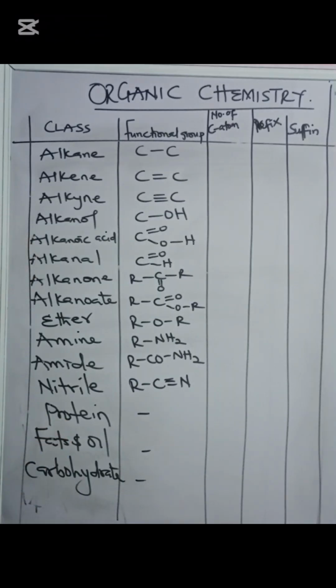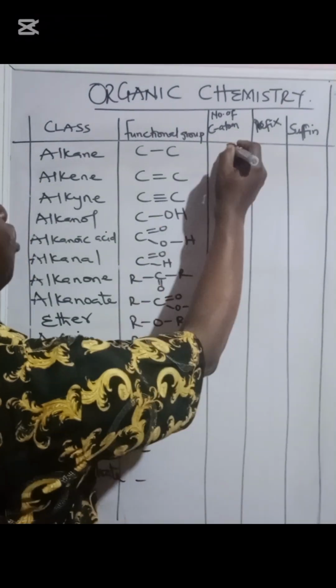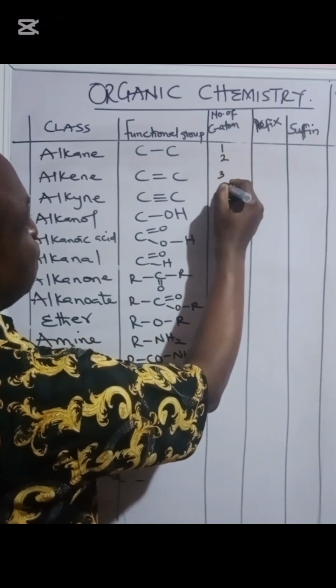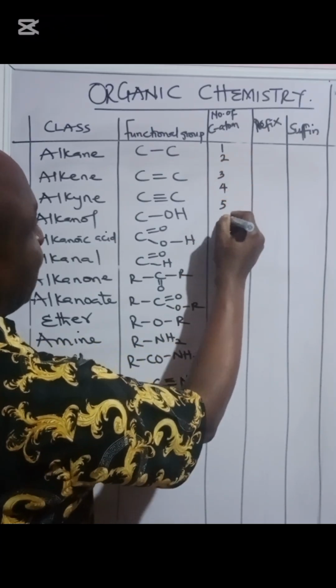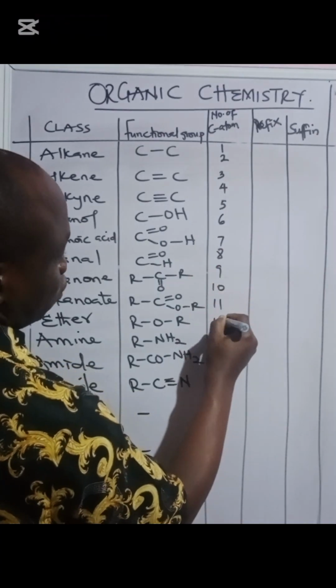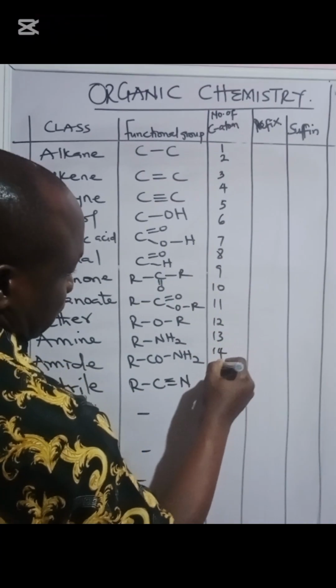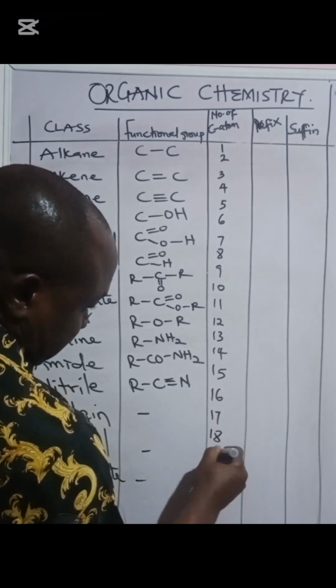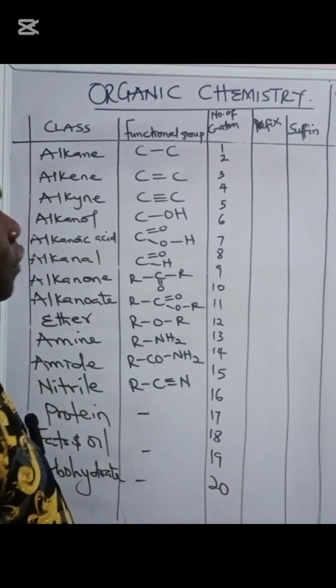Protein, fat, and carbohydrates. For the number of carbon atoms, you will have 1, 2, 3, 4, 5, 6, 7, 8, 9, 10, 11, 12, 13, 14, 15, 16, 17, 18, 19, 20, and so on.